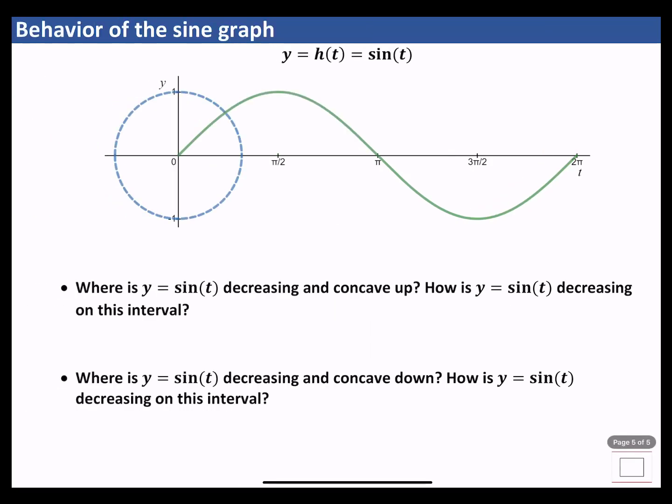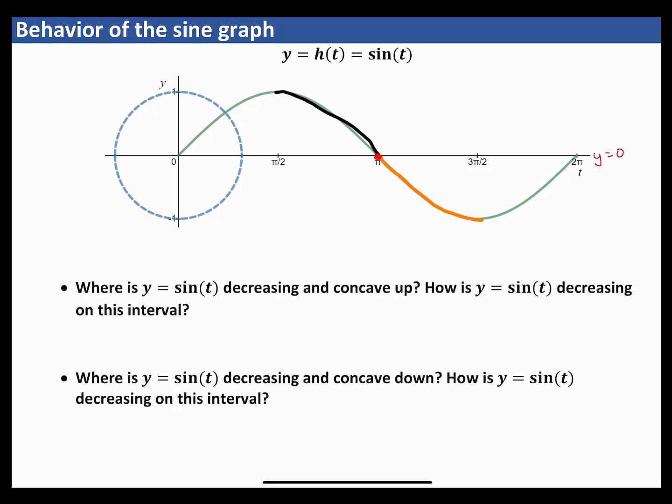All right, so last one here. Where is the sine of t decreasing and concave up? Well, we know the sine of t is decreasing from pi over 2 to pi and from pi to 3 pi over 2. And I broke that up into two intervals because we see that at the midline at y equals 0, the graph actually changes concavity.